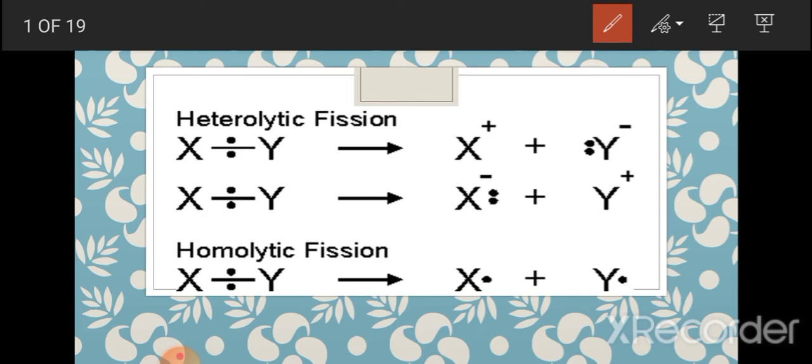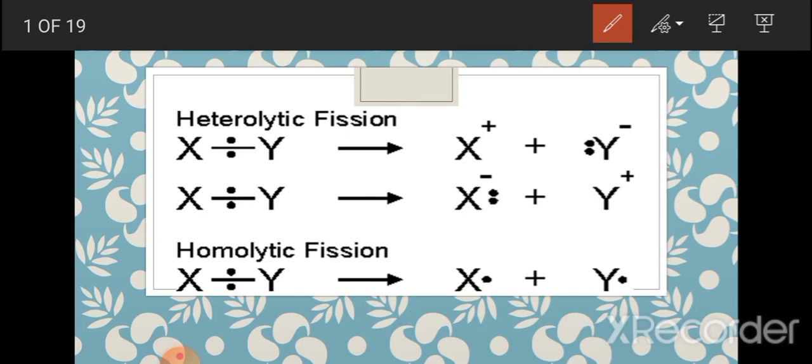So the three possible ways are, in the first reaction you can see that when X and Y, which are connected with a covalent bond, are breaking, if Y is more electronegative, it will take the two electrons, acquire the negative charge, and X will become positive. This is one way.